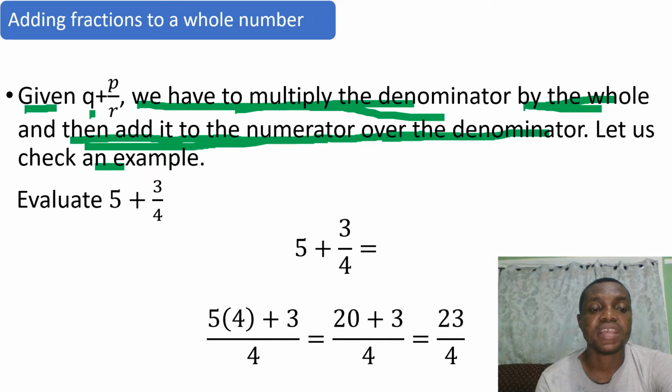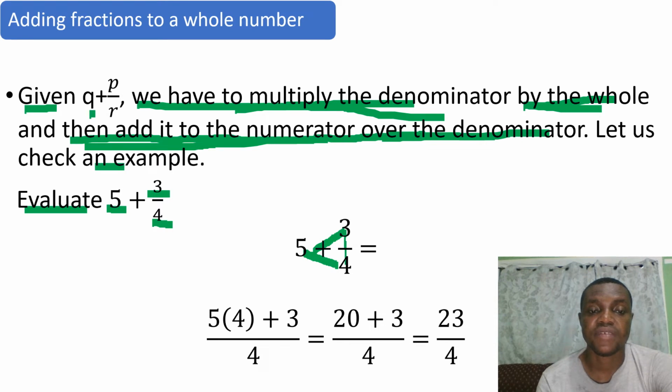Evaluate 5 plus 3 over 4. What we have to do is multiply 5 by 4, then add it to 3, all over 4.